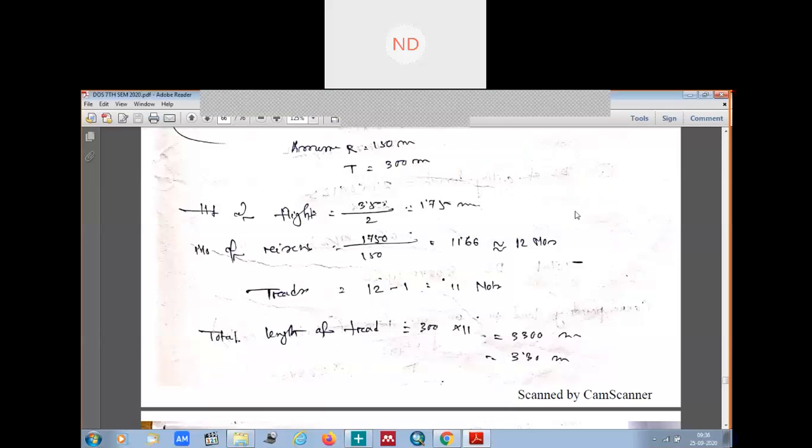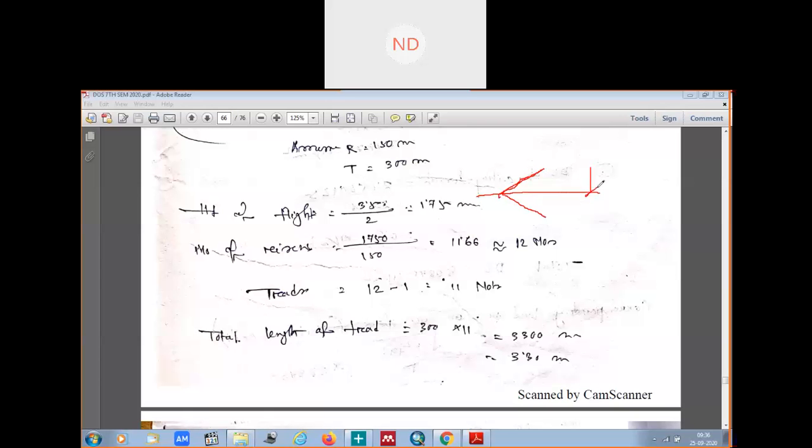Once we get this flight height, we can find out the number of risers.